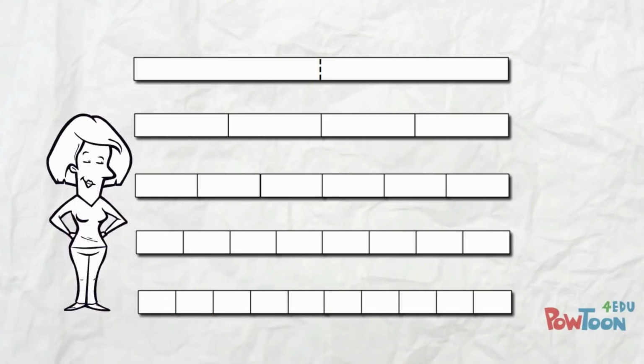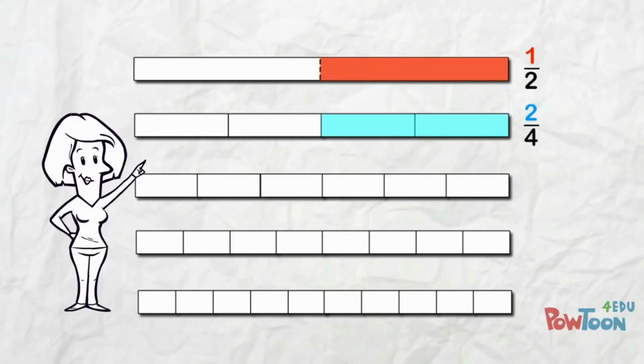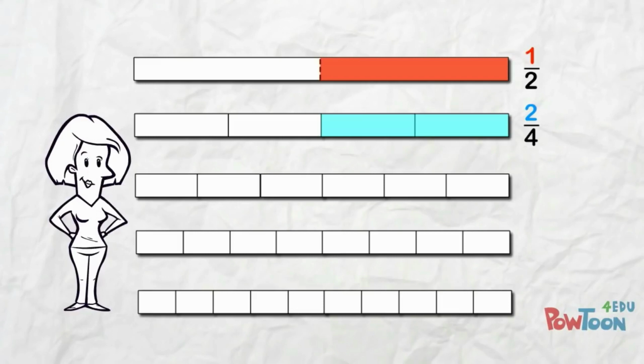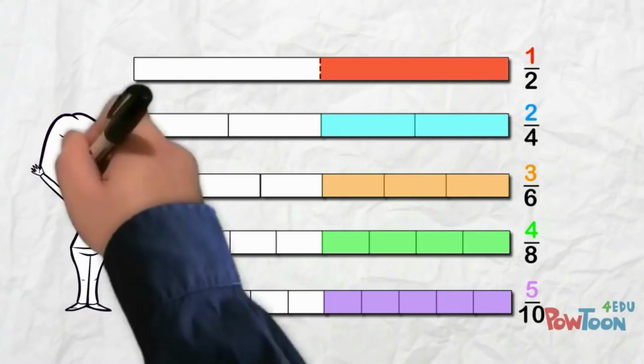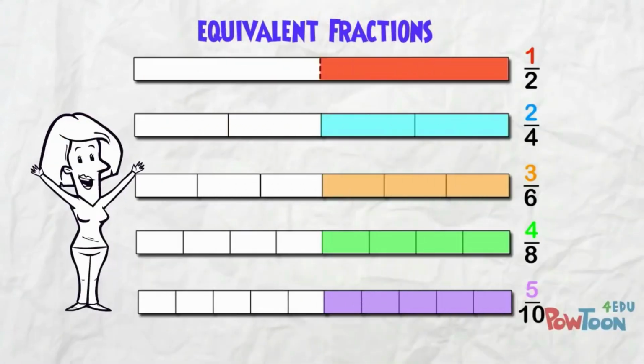Let's colour up one half of it, one part out of two. And that's 2 parts out of 4. And 3 parts out of 6. 4 parts out of 8. And 5 parts out of 10. You can see these are all equivalent fractions.